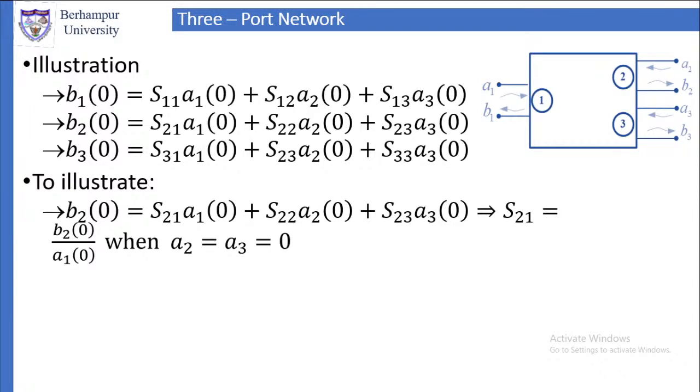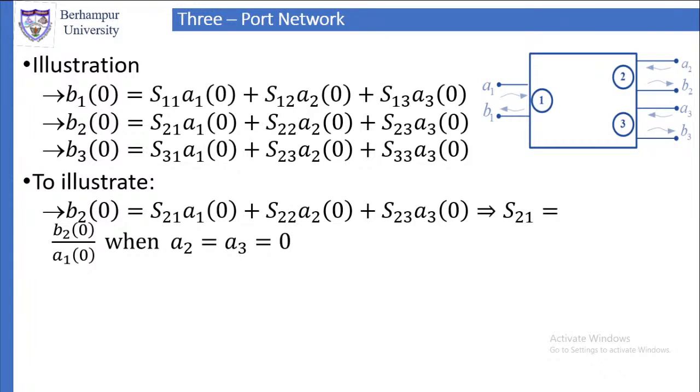Now to illustrate, let us find out what S11 or S22 is here. Look at this. B2 is equal to S21A1 plus S22A2 plus S23A3. If you want to find S21, you have to make A2 equal to 0 and A3 equal to 0. So port 2 is to be matched and port 3 is to be matched.